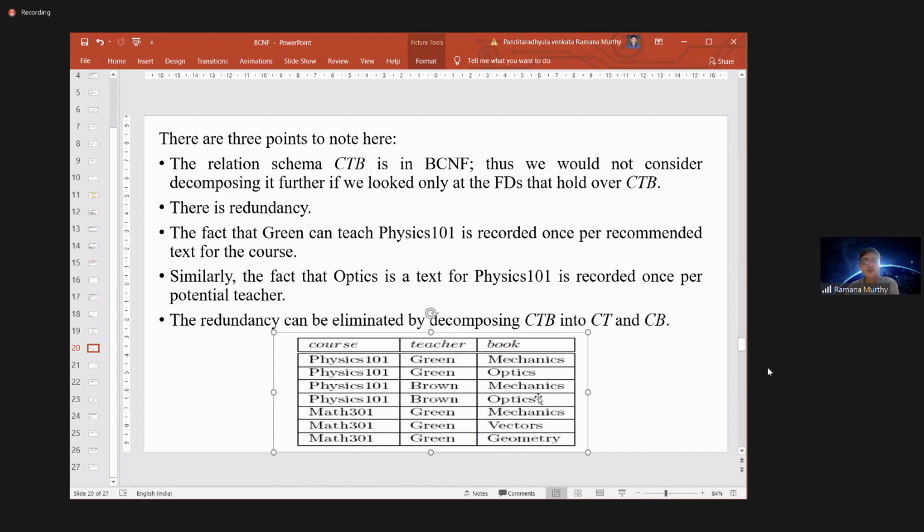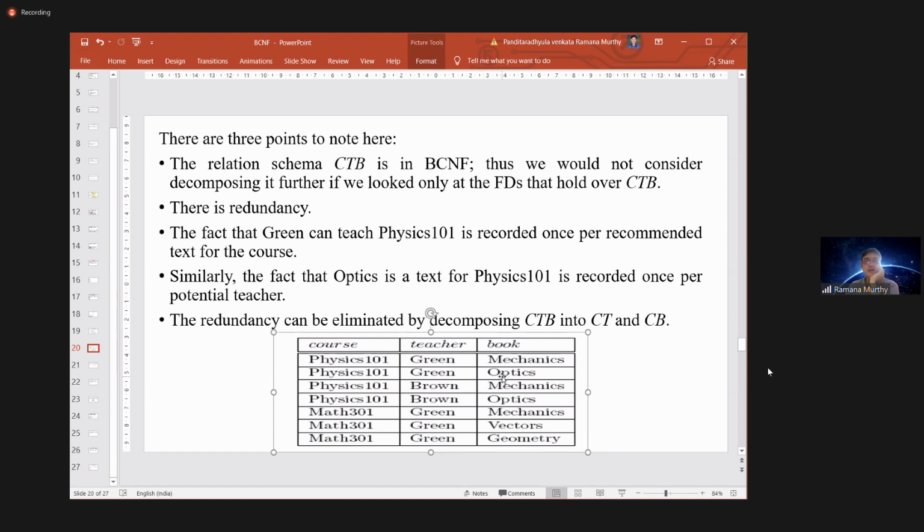So if you want unique rows, you need all columns. But if you use all columns, you get the redundancy. This is the problem in this particular table.